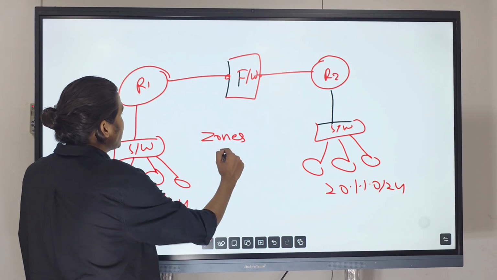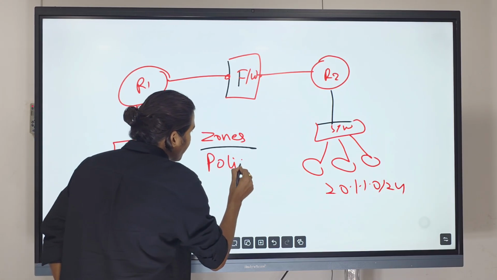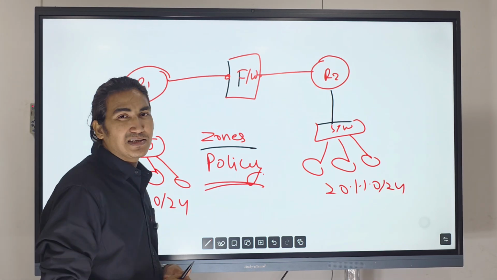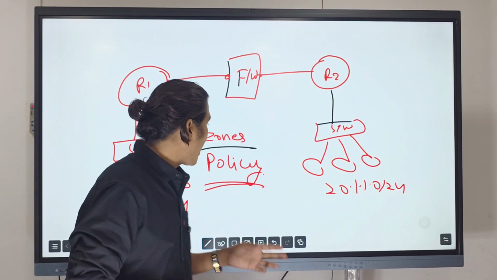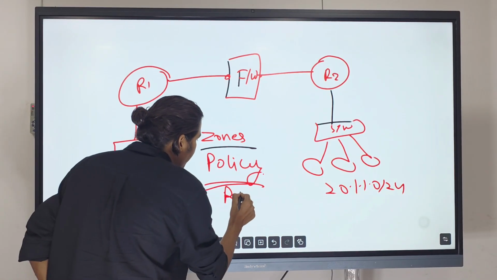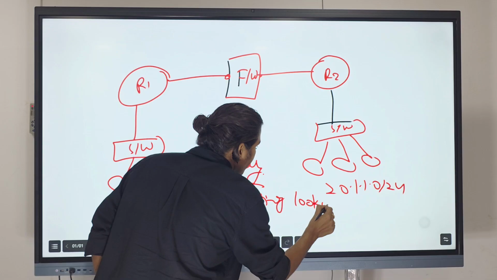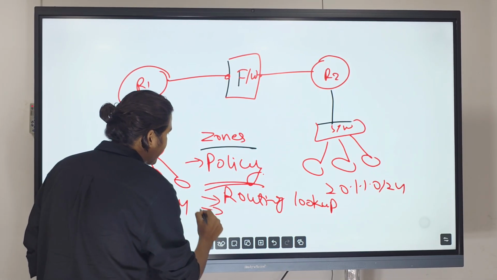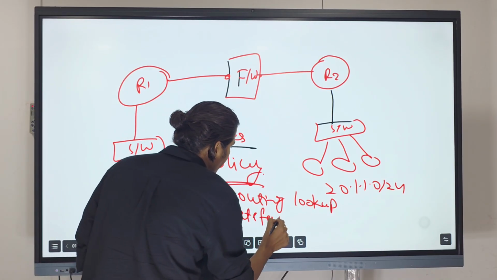Yes, zone concept. Then here you have to understand the policies concept. Policy means similar to ACL, which traffic is allowed, which traffic is denied. Then you have to understand the routing lookup, and after that you have to understand the stateful behavior.